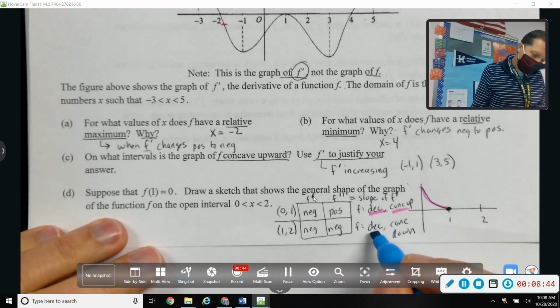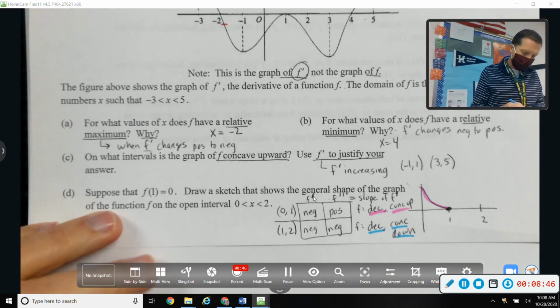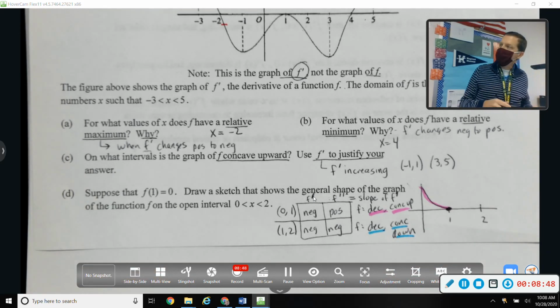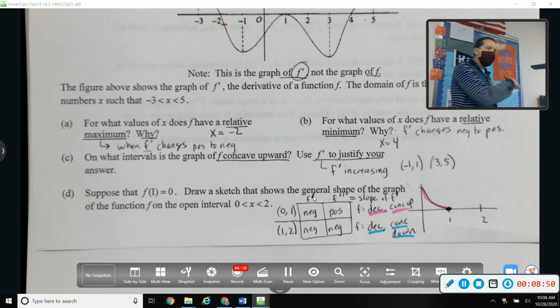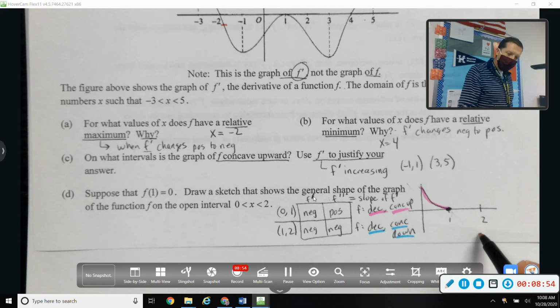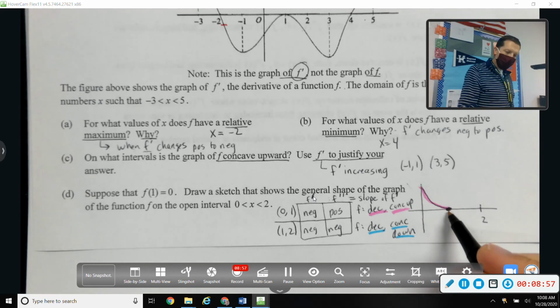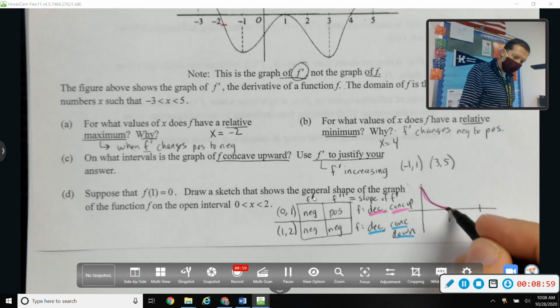And then from there I need to decrease but be concave down. So I need to keep going down. So I'm headed down because I'm decreasing, but I want to be concave down, so it needs to be something like that.